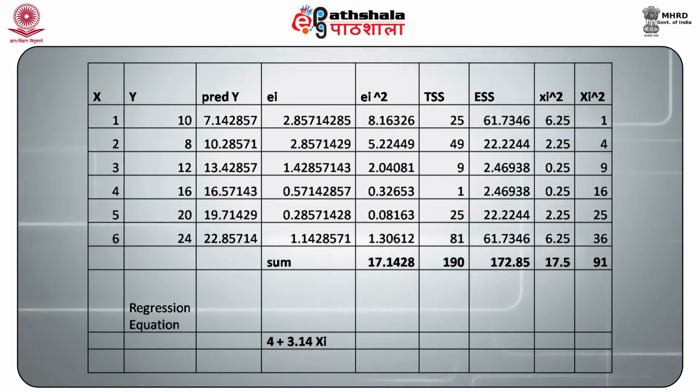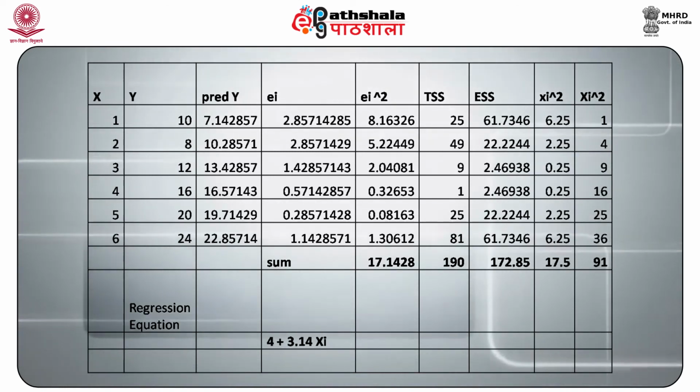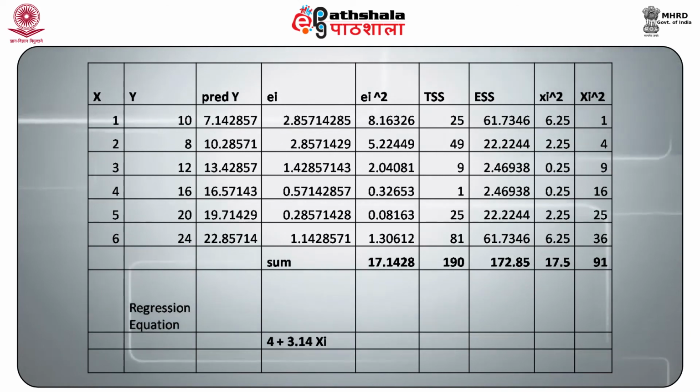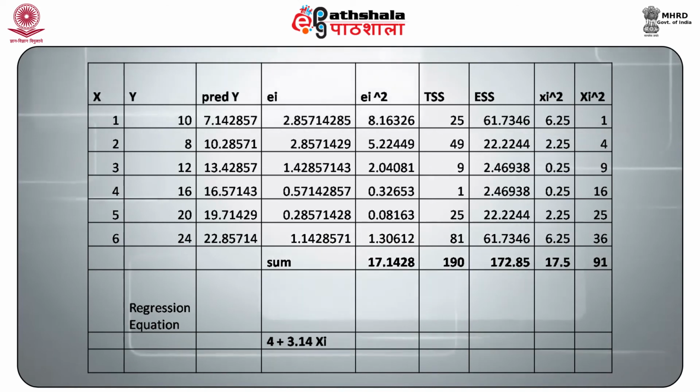Similarly, you can calculate all these yi minus y hat from the second and third columns. We get this set of values of ei. If you square them, then in our next column we can write down the values of ei square, which are 8 point something and so on.